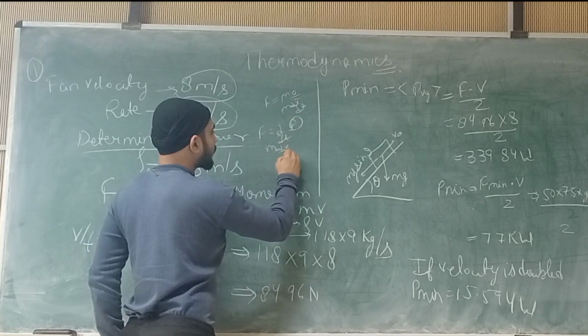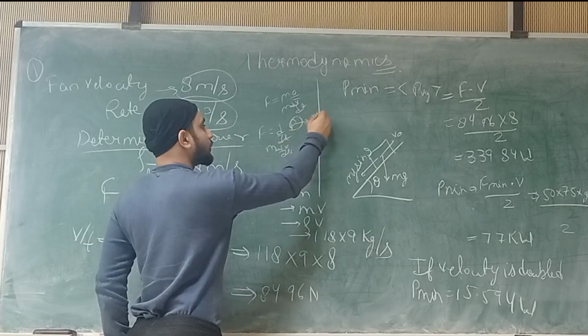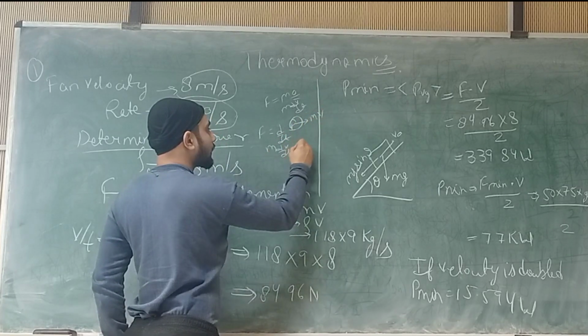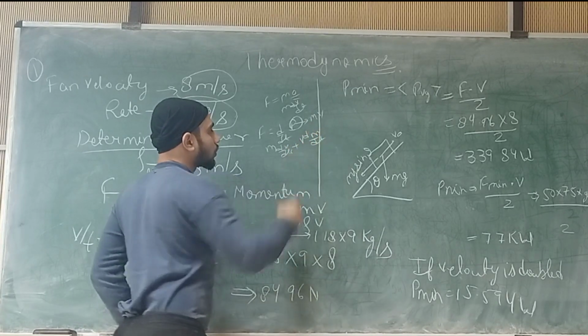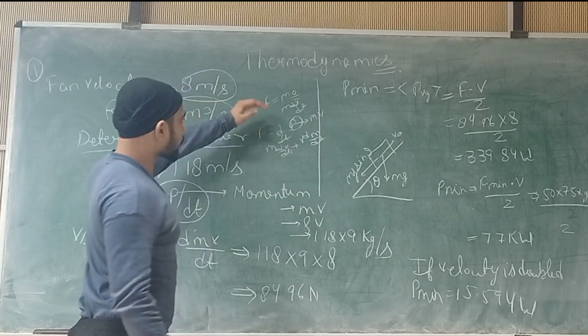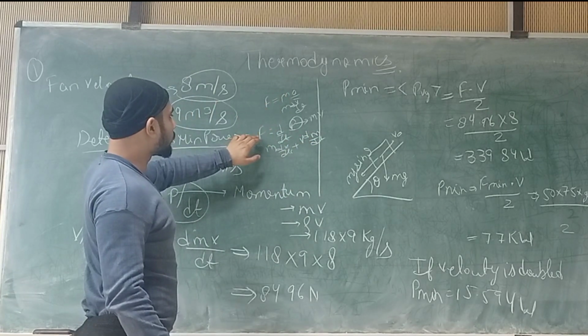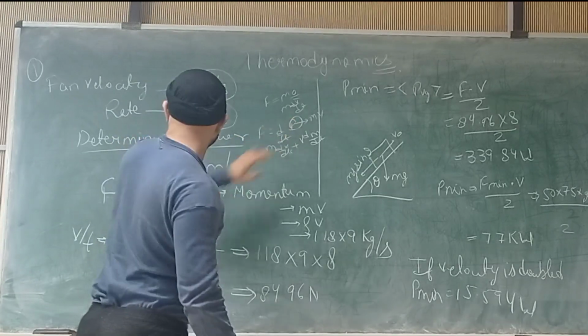Linear momentum is m into v, mass into velocity, so it is m dv by dt plus v dm by dt. Here dm by dt is 0, so it is m dv by dt, so ma.